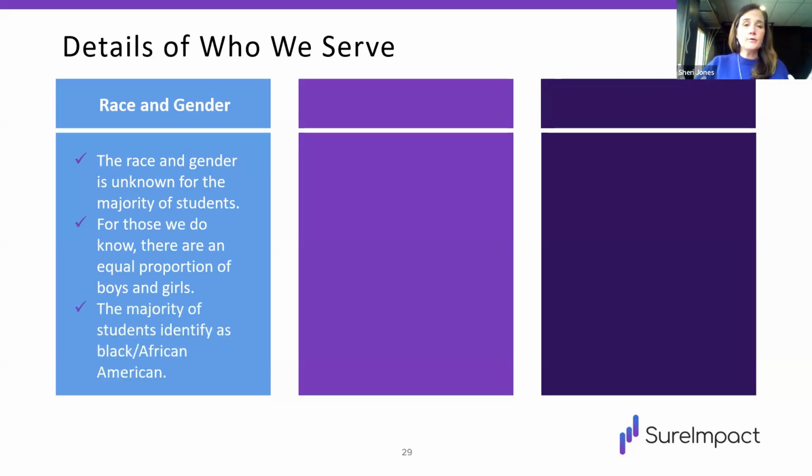So if they were talking to a funder who wanted to make sure that one population wasn't getting served at the same rate as others, they were able to say, at least gender ratio, for those that we knew, it was equal. And in this case, the majority of the students identified as Black or African American for those whose race they knew. They also were able to talk about where students were coming from, which is really, really important.